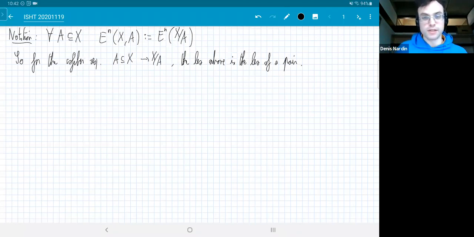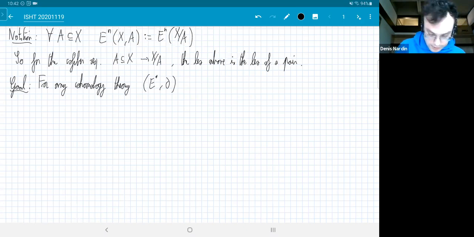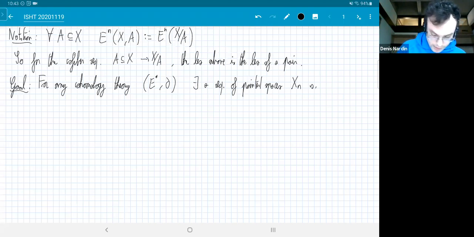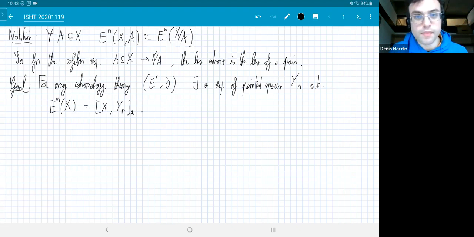We're going to prove a precise result before the end of the lecture, but the goal is for any cohomology theory, E^*, delta, there exists a sequence of pointed spaces, Y_n, such that E^n of X is, as a set, pointed homotopy classes of maps. That's the first version that I'm going to tell you of the Brown representability theorem.